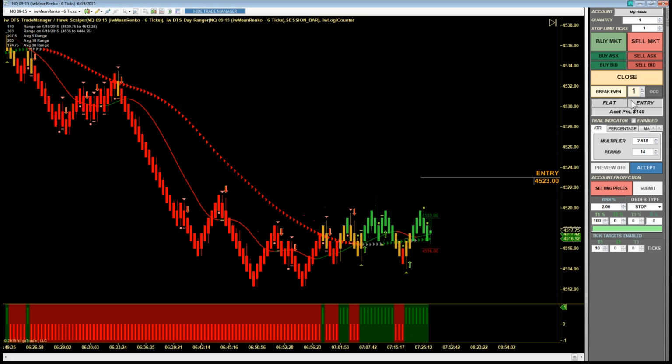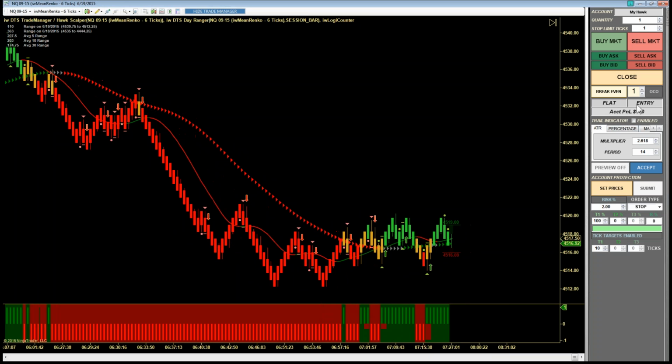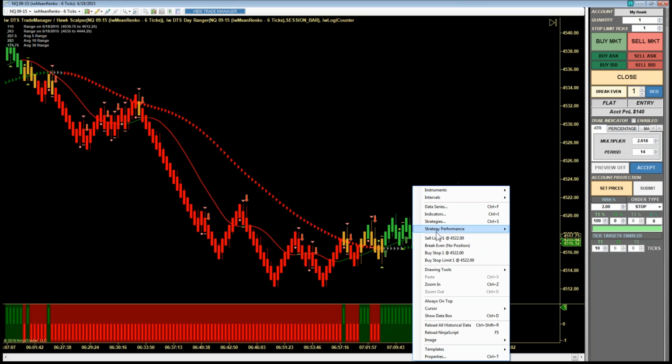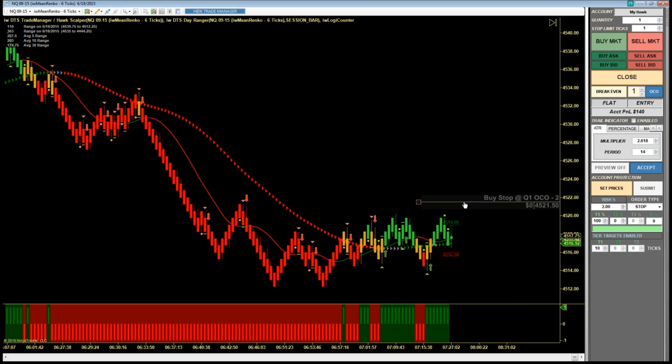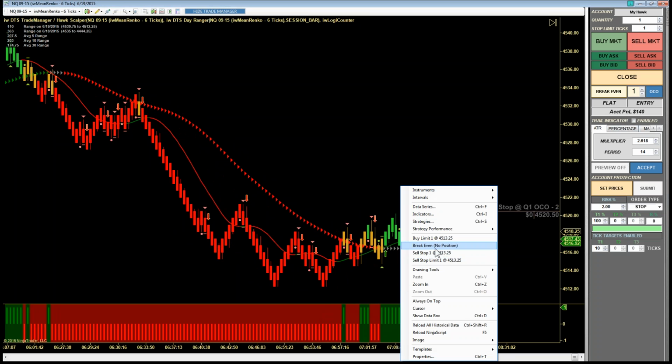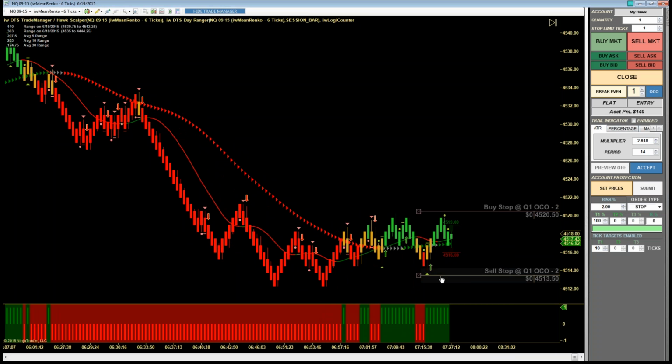Well, you know what? Here, I'm going to do it this way. We do have a first micro macro cross, as I said. So why don't we look to buy above and we will sell below. There, now we got it covered.